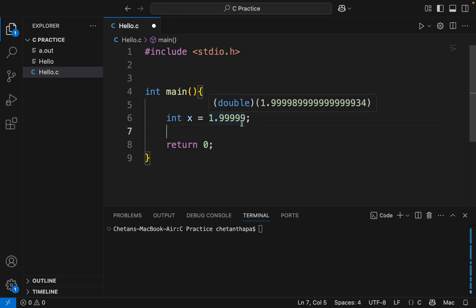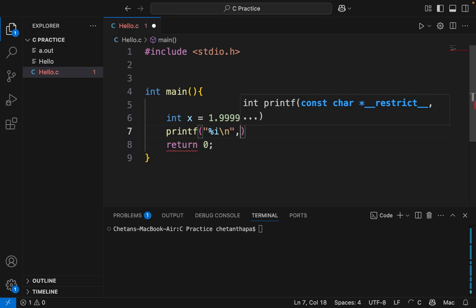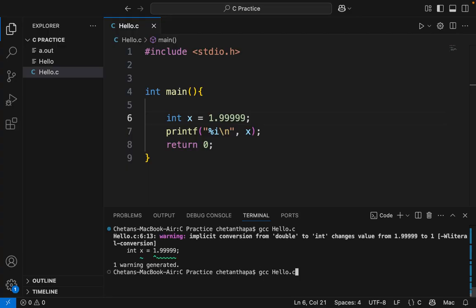If you print percentage I, x, save it, and run this code, it is giving us an error.